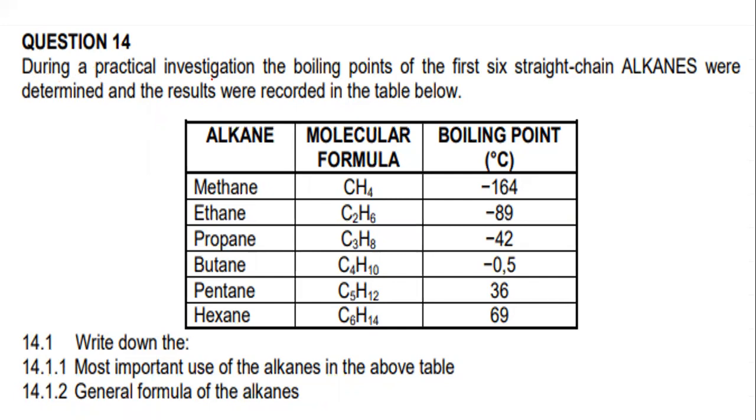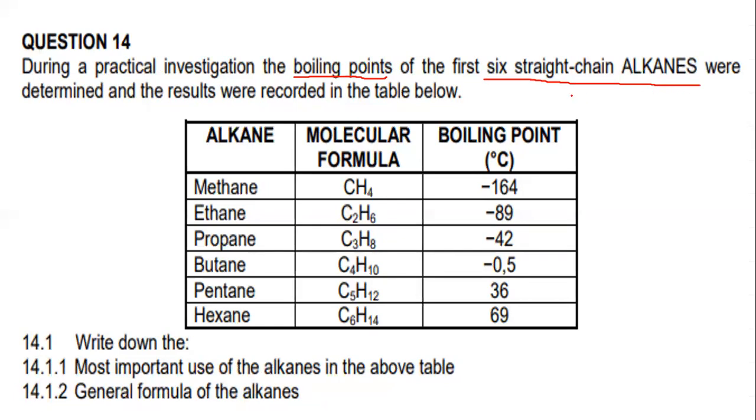during a practical investigation, the boiling points of the first 6 straight chain alkanes, it means they are determining the boiling point and they are only focusing on the first 6 alkanes, and those alkanes must be straight chains.